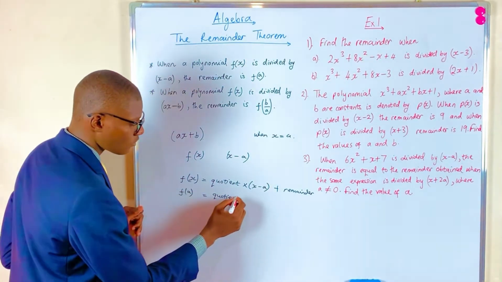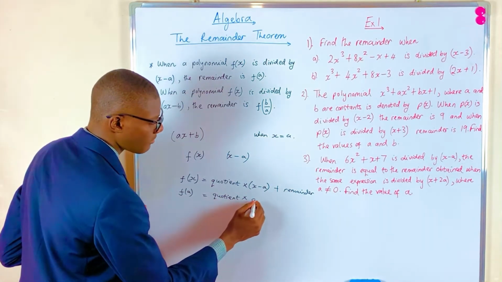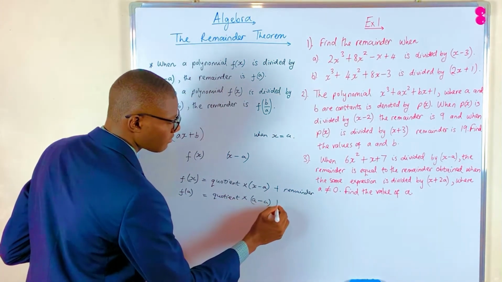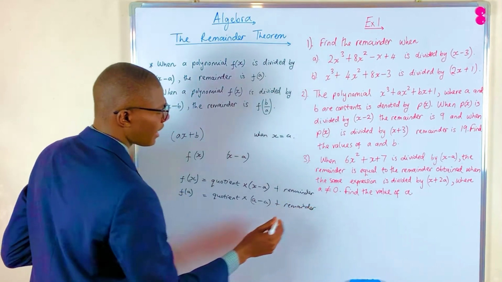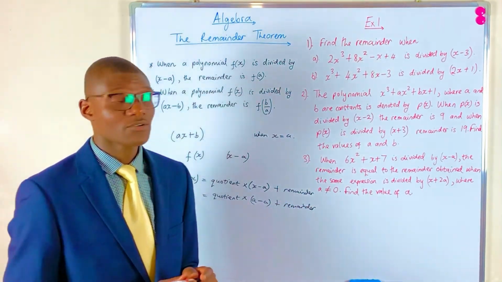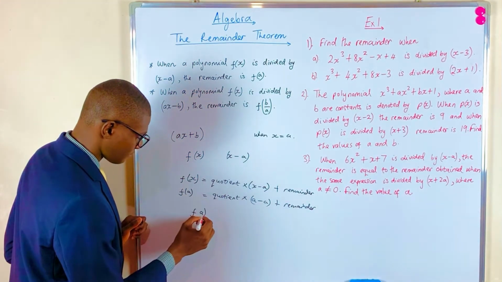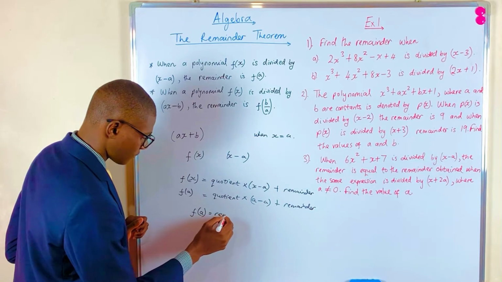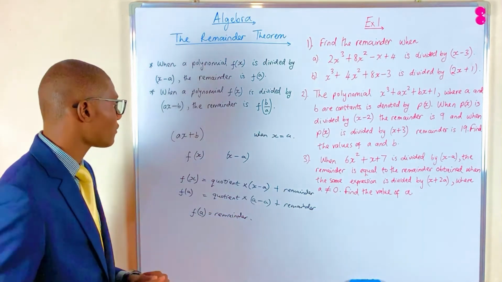The quotient will be the quotient times a minus a, because remember x is now equal to a, then plus the remainder, right? And a minus a gives us 0.